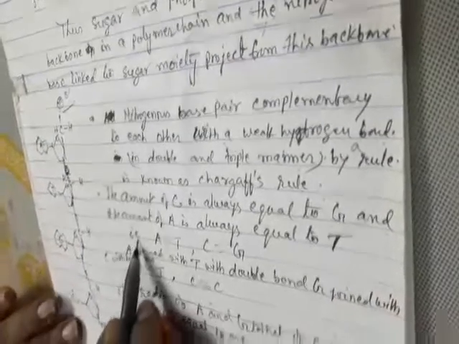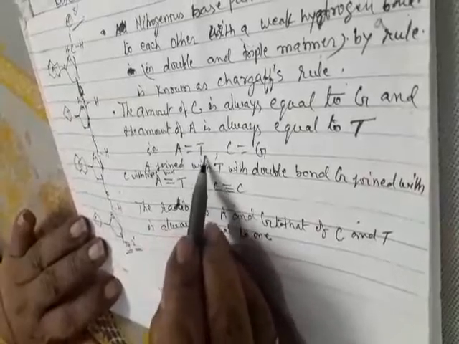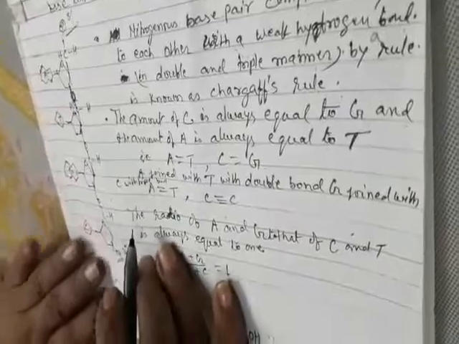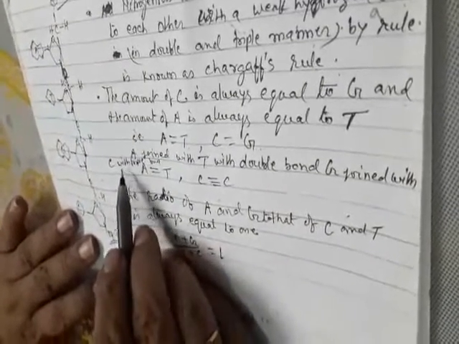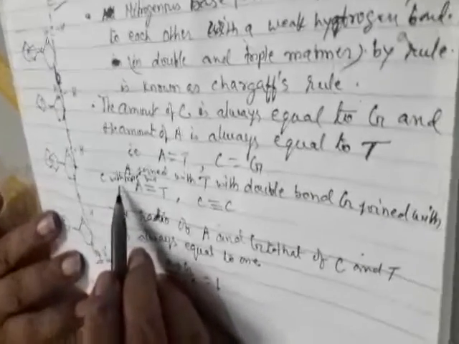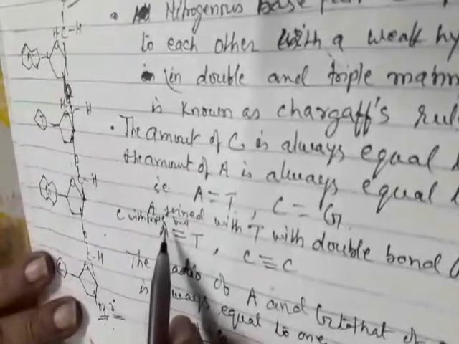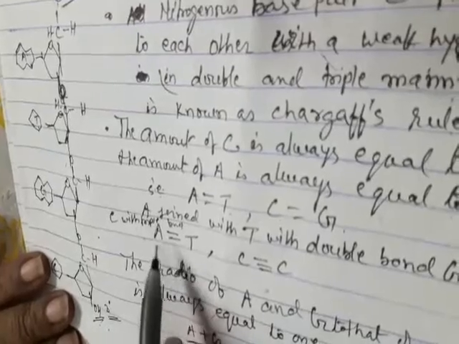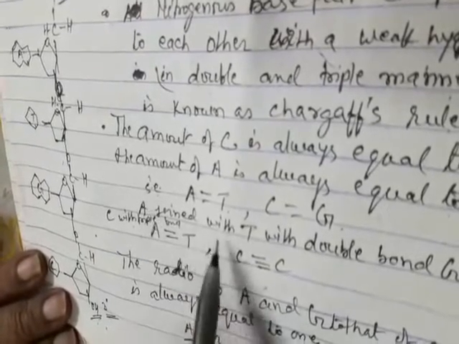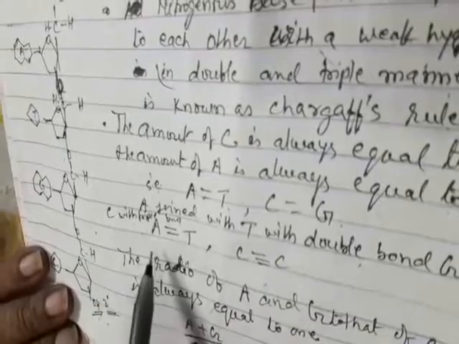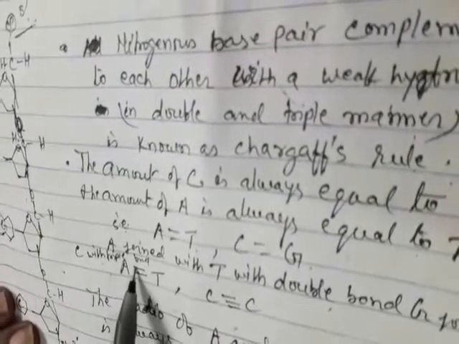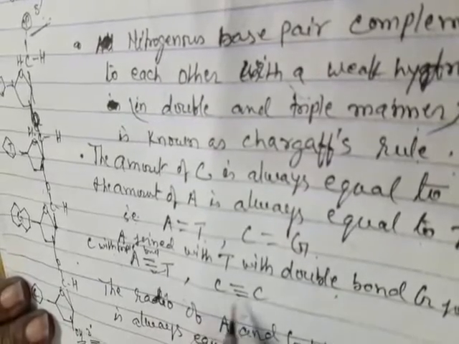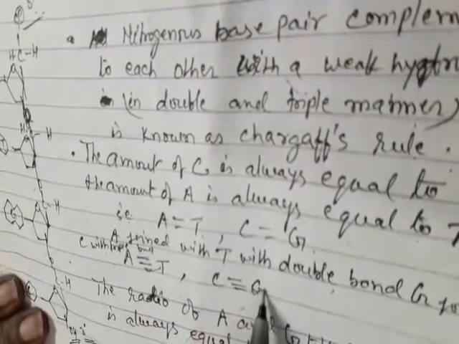That is, A equals T, C equals G. C is joined with G with a triple bond, and A is joined with T with a double bond.